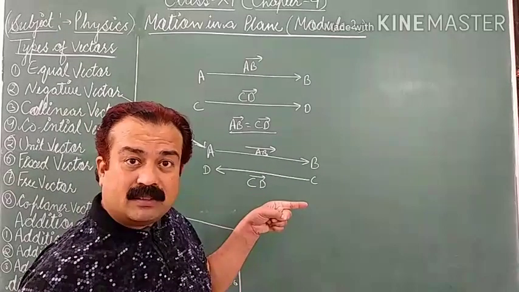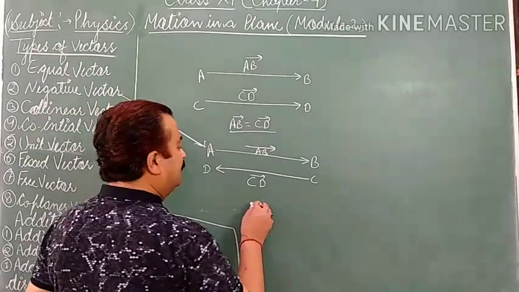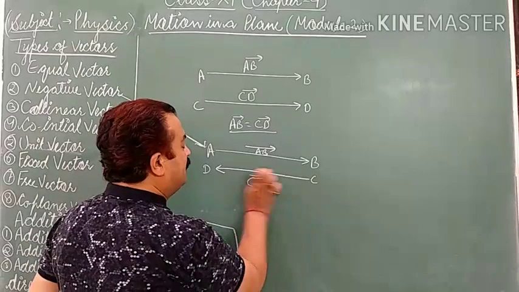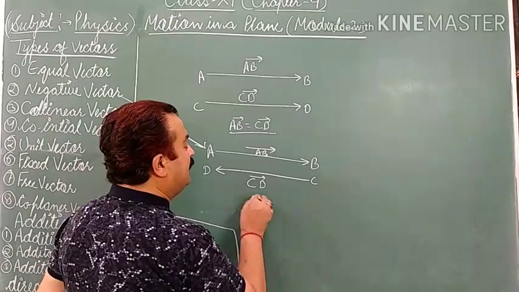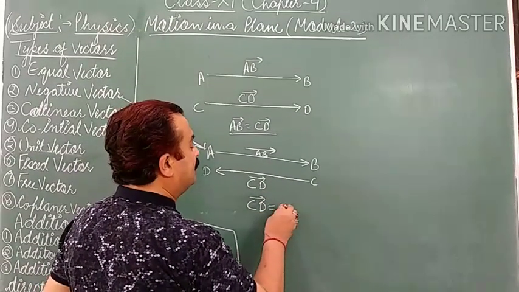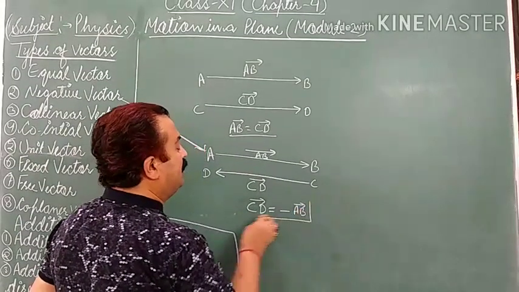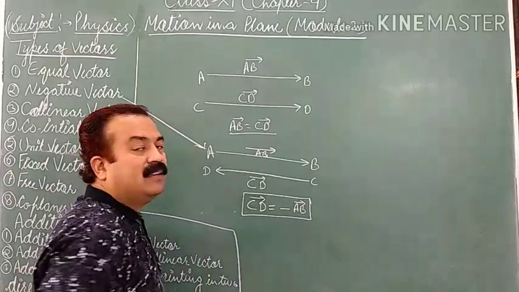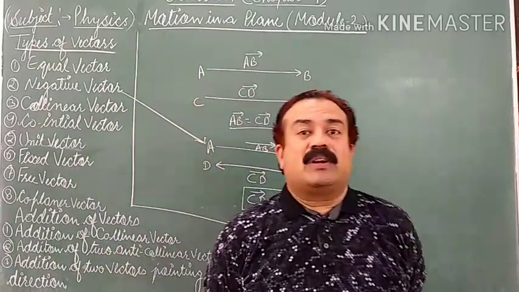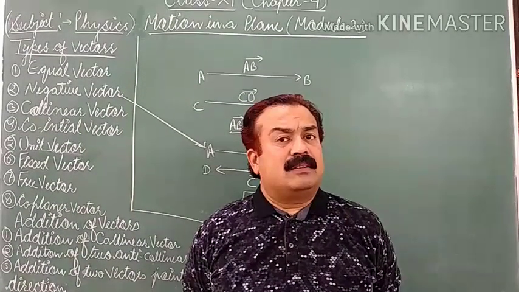So we can say vector CD is the negative vector of vector AB.